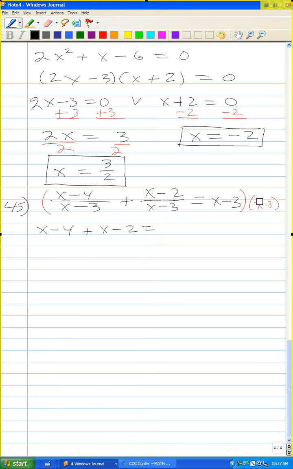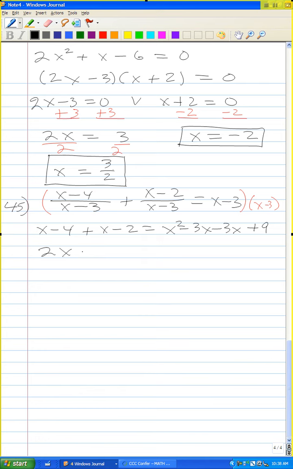x minus 3 times x minus 3 is, well, actually, x times x is x squared. x times negative 3 is negative 3x. Negative 3 times x is negative 3x. Negative 3 times negative 3 is a positive 9. And so, combine like terms. x plus x is 2x.